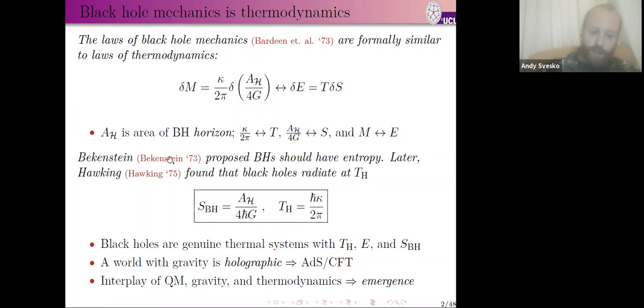So this tells us that black holes are genuine thermal systems obeying a set of thermodynamic laws, and it's a jumping off point for a variety of subfields, in particular holography and AdS/CFT, as well as emergent gravity. And any serious candidate theory of quantum gravity is expected to have some sort of microscopic explanation of black hole thermodynamics.